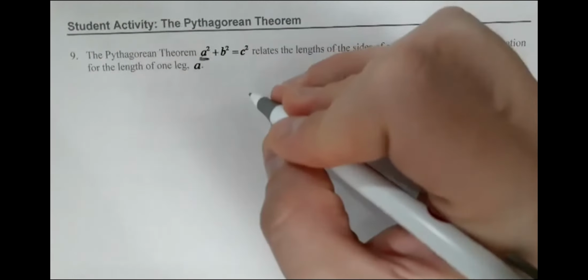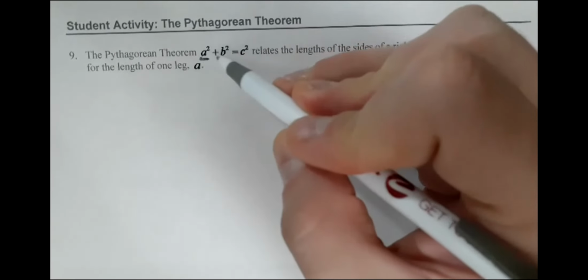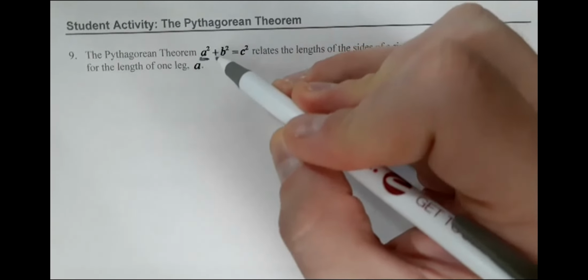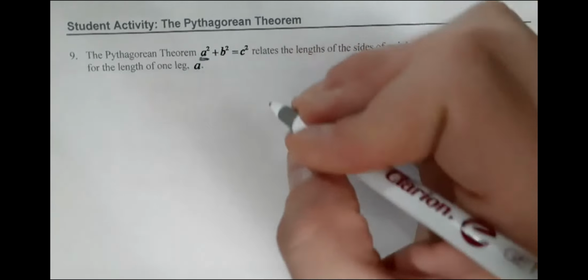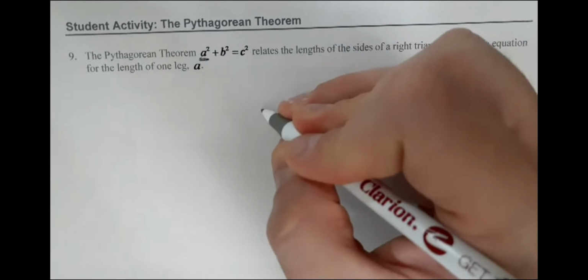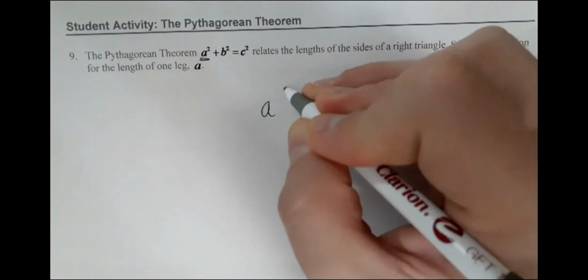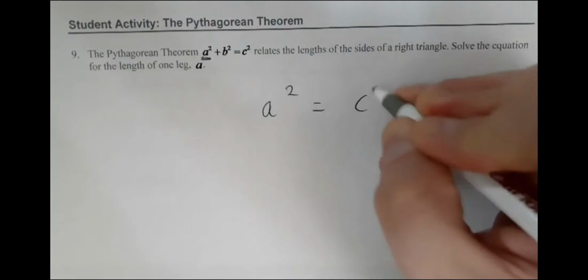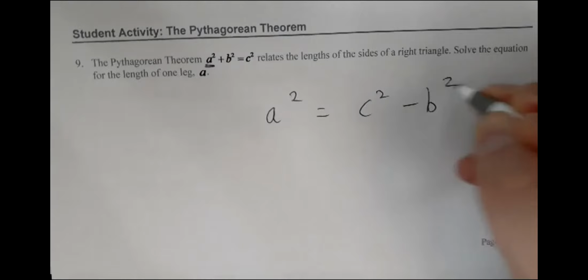So we look here at a. So I look at a squared, further out it's being added to b squared. So the first thing we want to do is subtract b squared from both sides. So a squared is equal to c squared minus b squared.